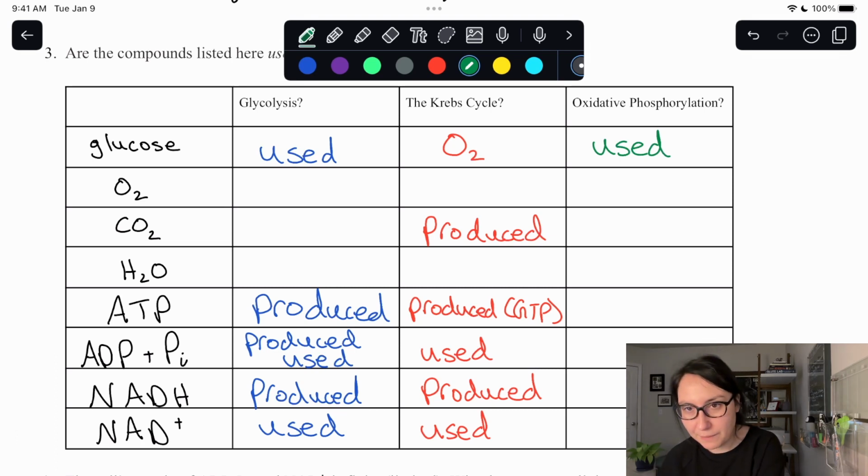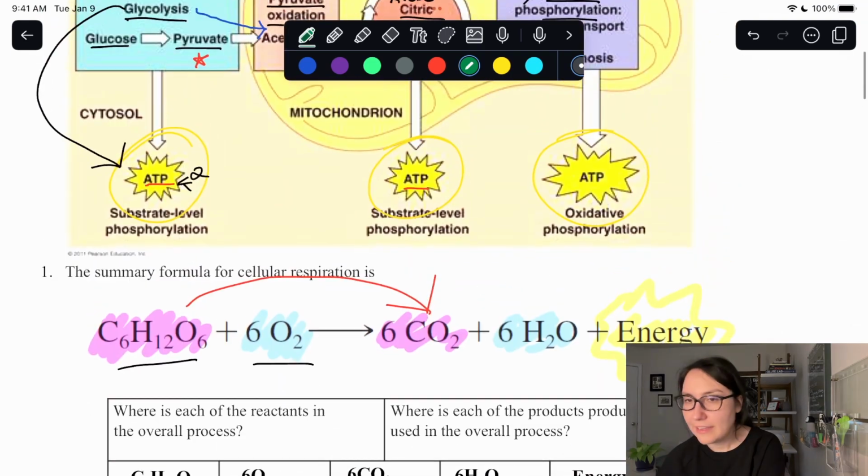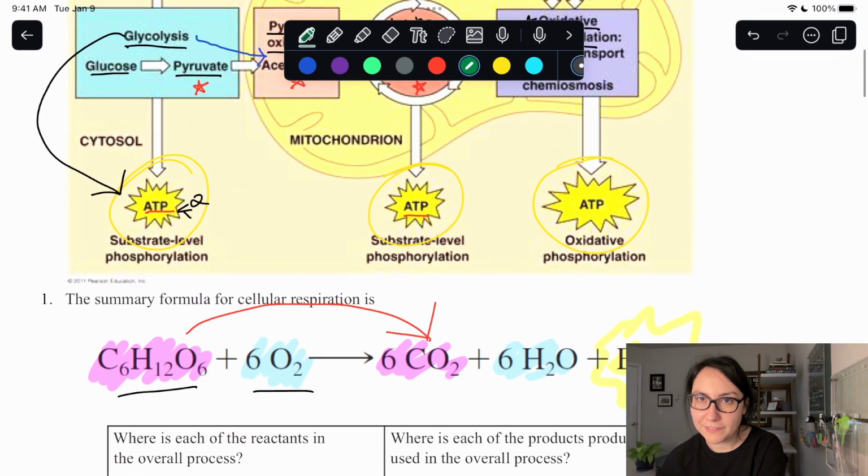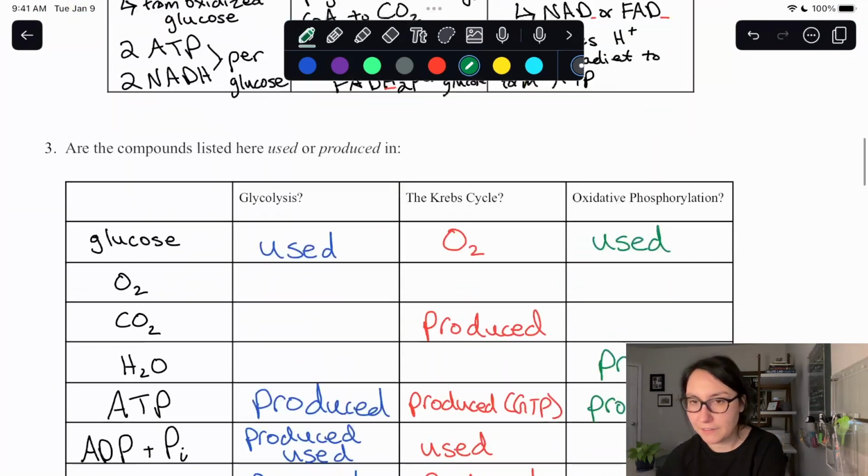But you know what happens now? Because you used and produced O2 and CO2, you now have an H2O and that is produced. This right here is also produced, your ATP, which is one of the biggest byproducts that happen at the very end of oxidative phosphorylation.